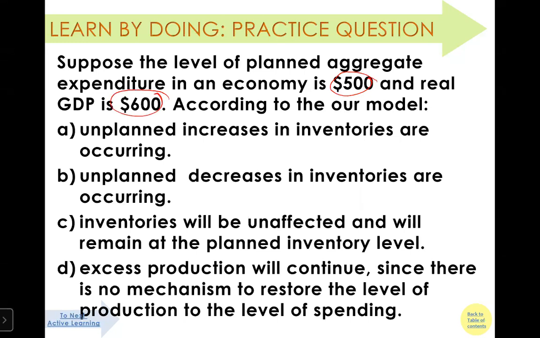That just means you produce more than people plan to spend, so you cannot get rid of your inventory. Your inventory starts to pile up. So the answer is A: unplanned increases in inventory are occurring, or the unplanned inventory investment is positive.